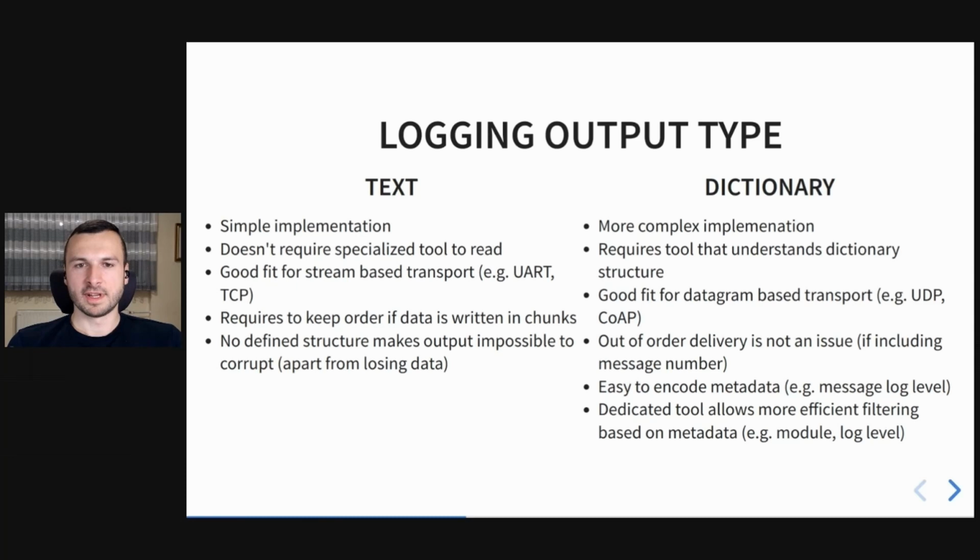But dictionary output type is good fit for datagram because each message is actually a structure. So we can just put this whole structure into a datagram and send it over the network using UDP or CoAP. And nice thing about the dictionary output type is that out-of-order delivery is not an issue in case of UDP because we can add information about the index of the message and then reorder it on the other hand.